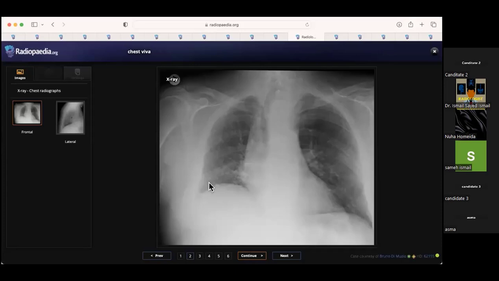There is decreased lung volume on the right side with shifting of the mediastinum to the right side. There is blunting of the right costophrenic angle. No evidence of mass lesion. There is bilateral increased interstitial marking.